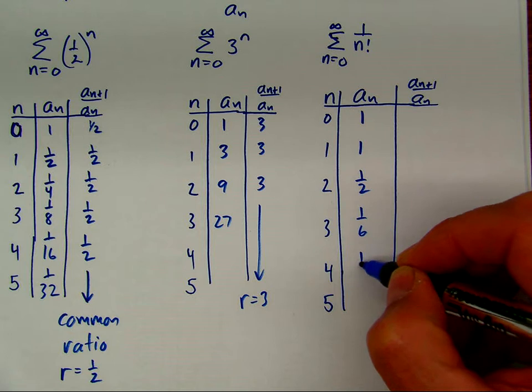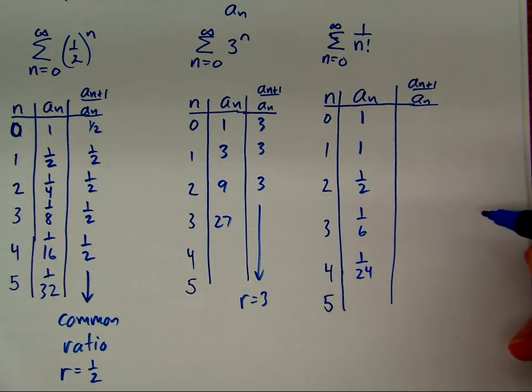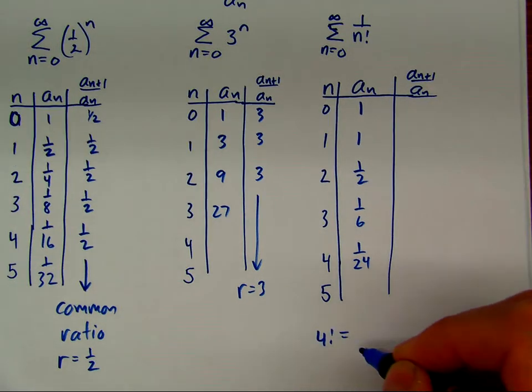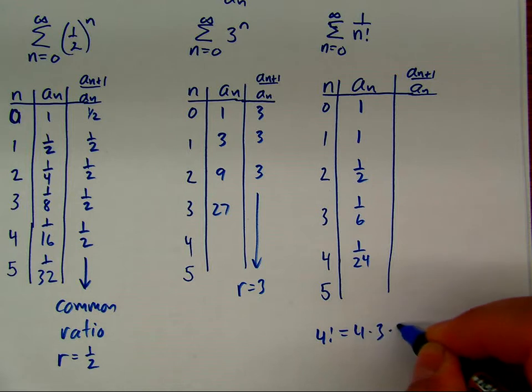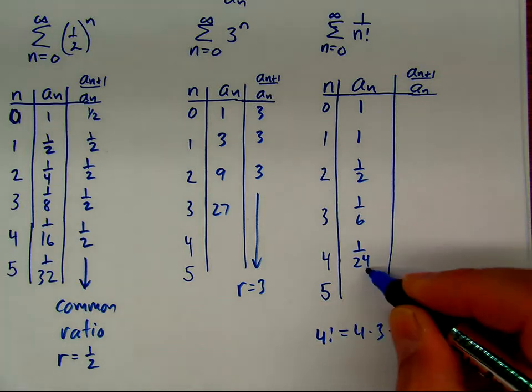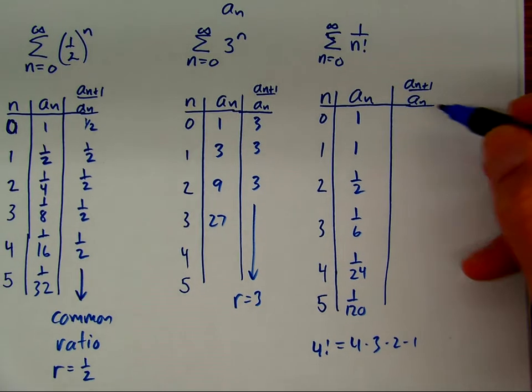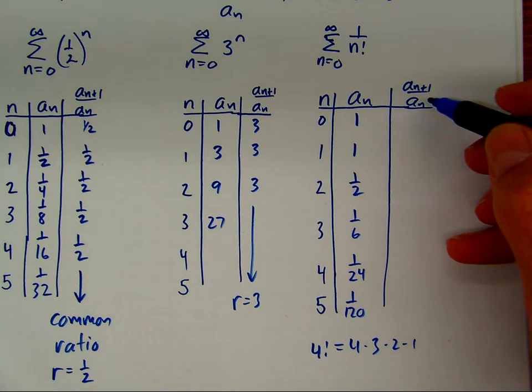4 factorial is 24, and in case you're missing that, remember that 4 factorial equals 4 times 3 times 2 times 1. So we get 24. And here we had a 1 over 120. Now let's see what's happening to the ratios.